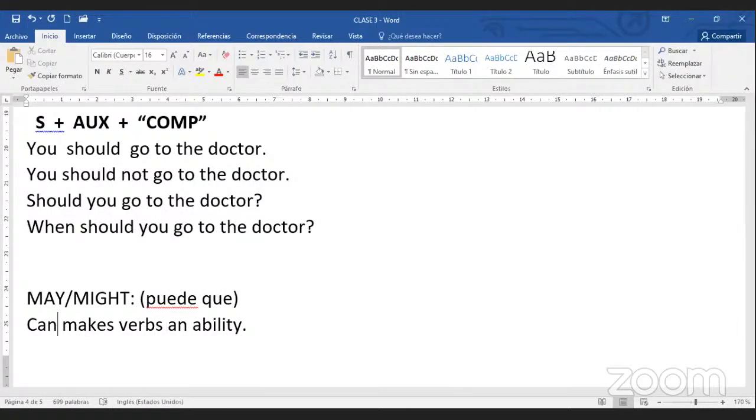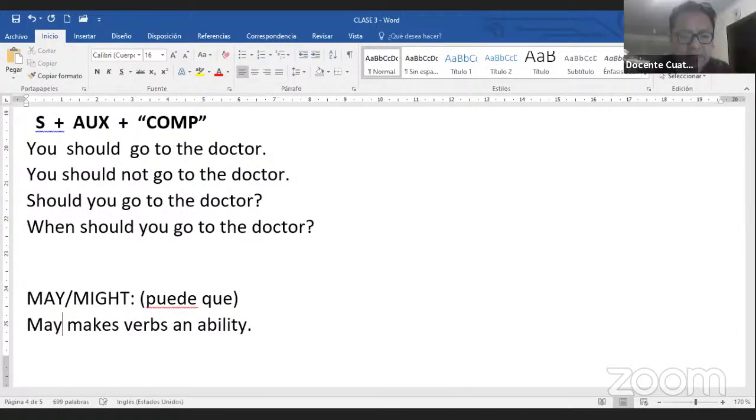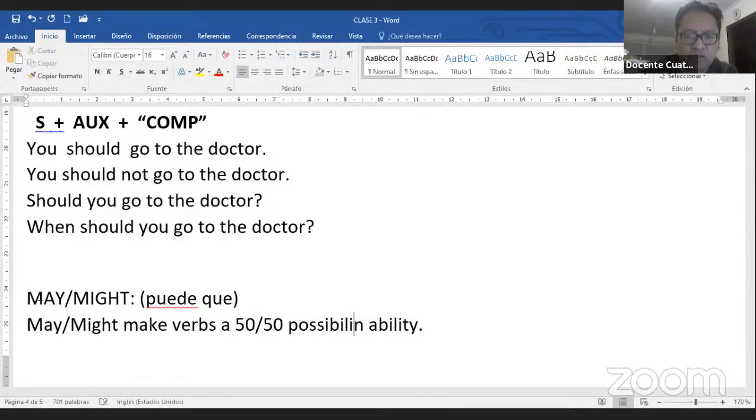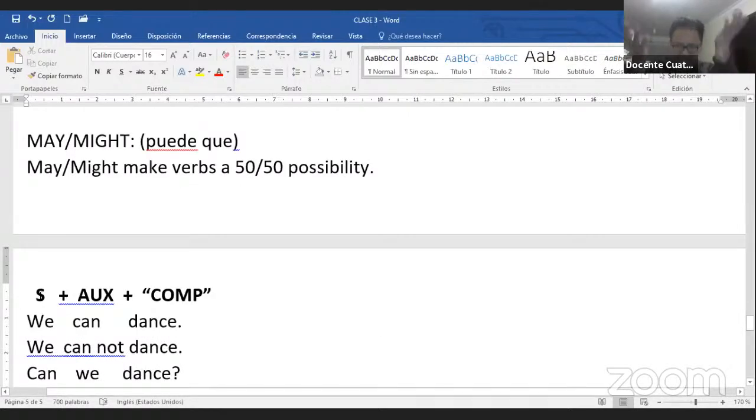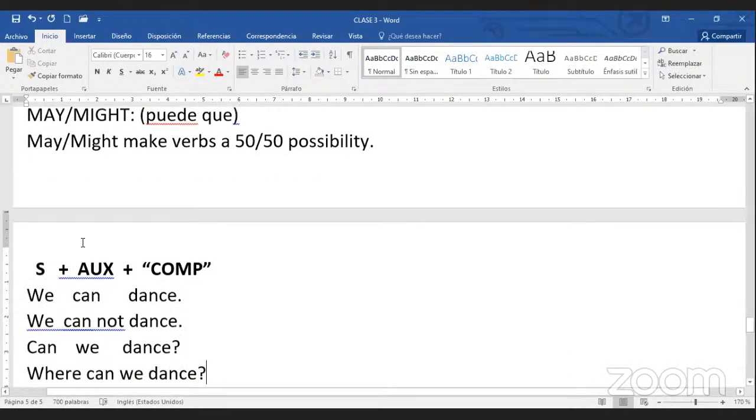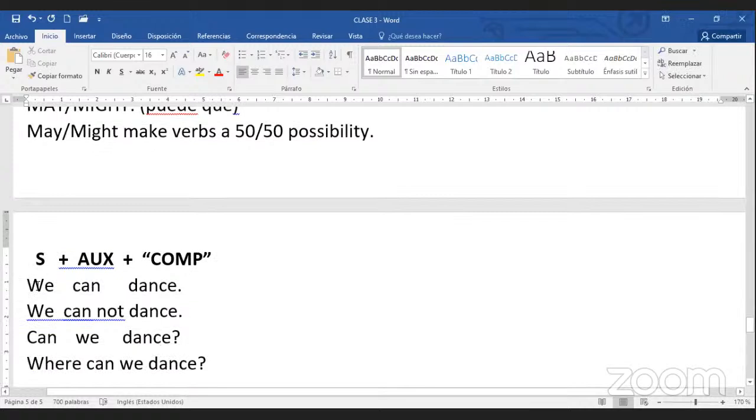So may and might make verbs a 50-50 possibility. Do you understand the 50-50? It means that 50 chances, 50 chances, okay? It's possible or it is not possible, 50-50. Oh, okay. I understand.